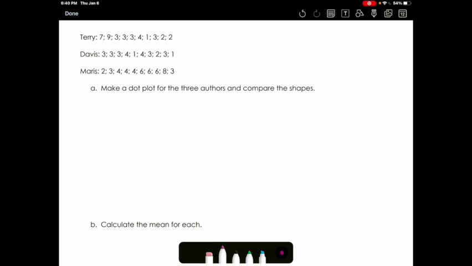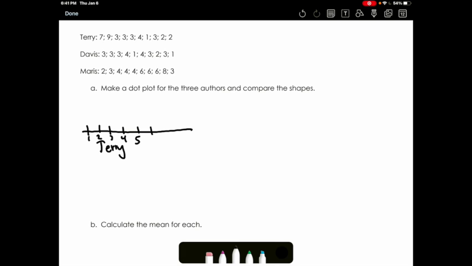Now, I haven't talked about a dot plot yet in the class, but a dot plot is basically the same thing as a histogram, where each category is one value and you count it by making dots. So the first graph, we'll do Terry first, and I'll make each tick mark worth 1.